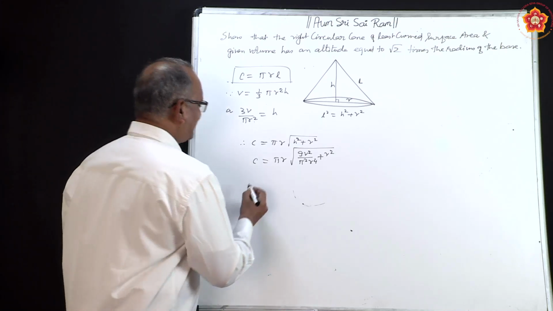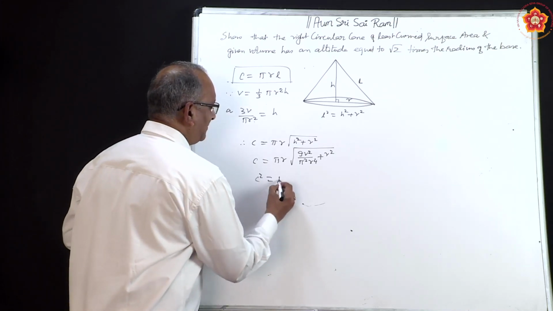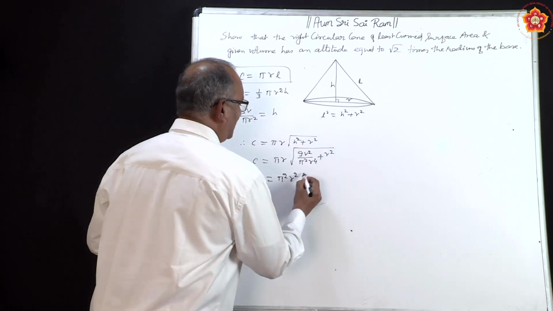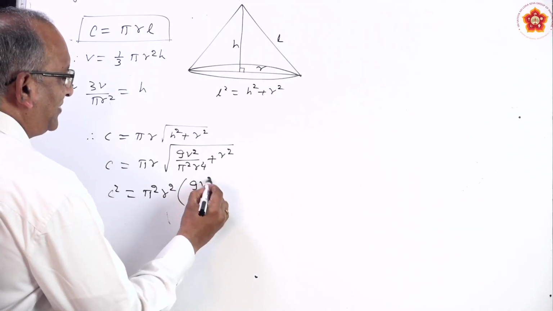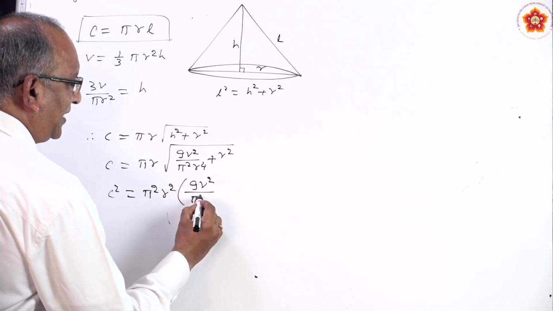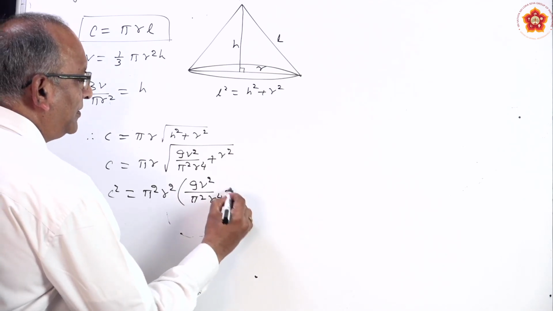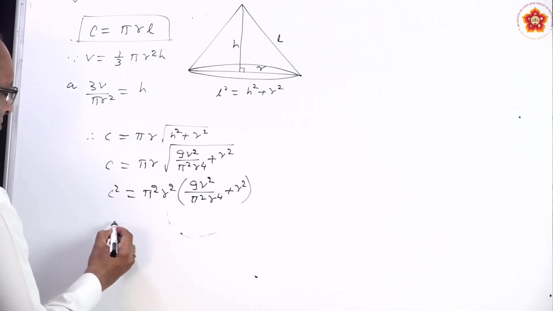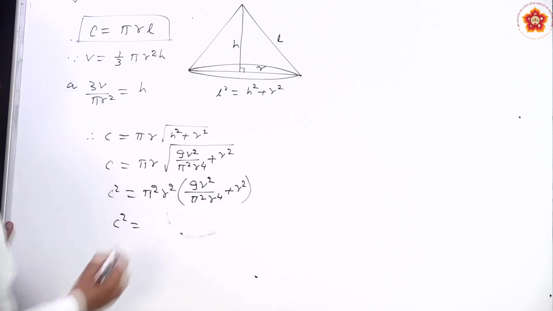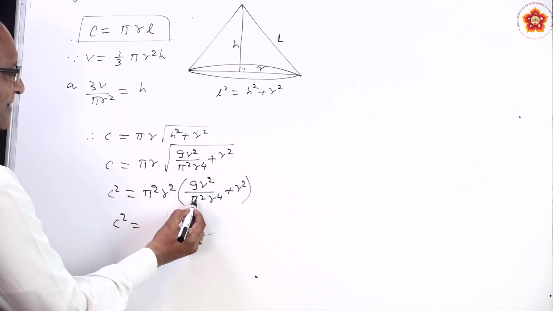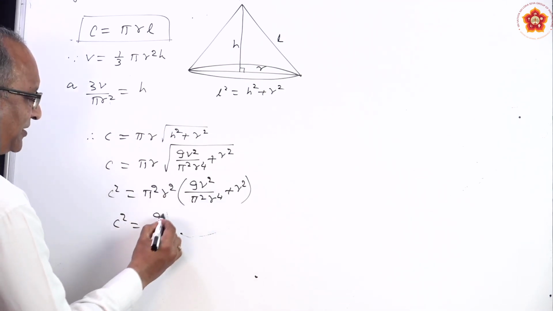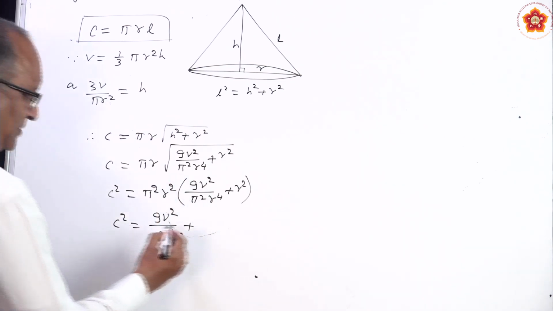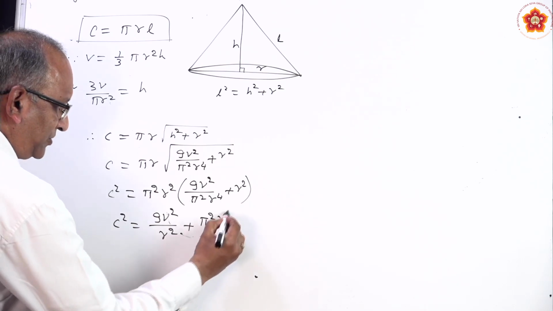So C square is equal to pi square r square, and the square root will go off, and you will have 9V square by pi square r to the power 4 plus r square. Simplified further, pi square will get cancelled, r square will get cancelled, and you will have 9V square by r square plus pi square r to the power 4.